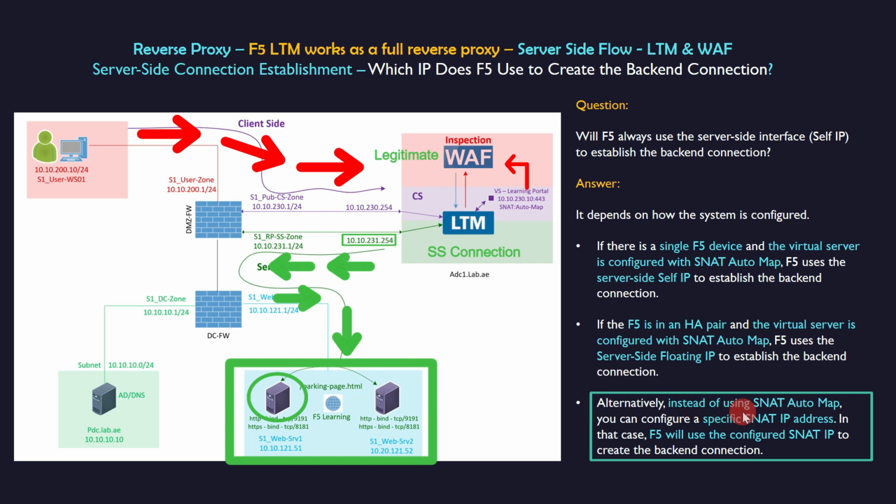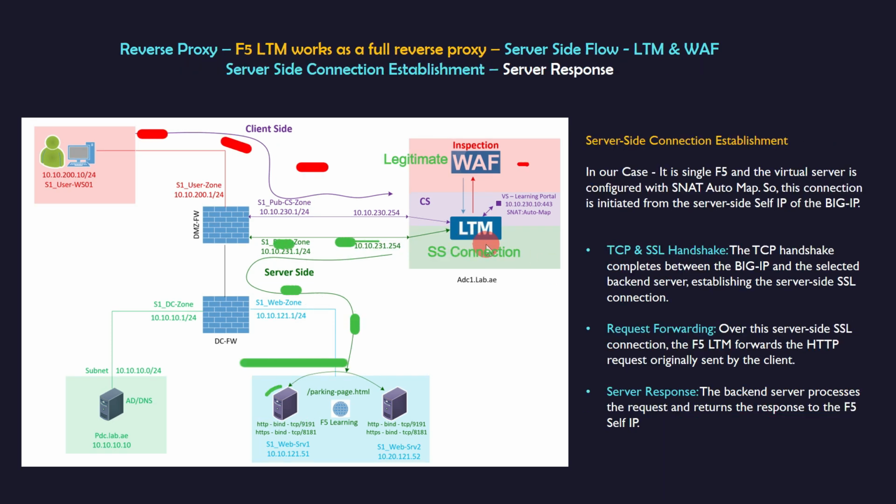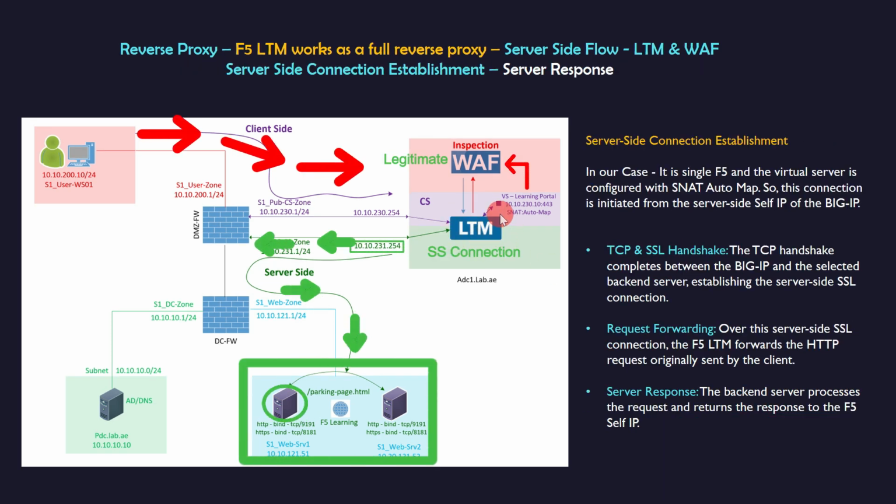Alternatively, instead of using SNAT auto map in the virtual server configuration, you can configure a specific SNAT address. In that case, F5 will use the configured SNAT IP to create the backend connection. In our case, it is a single F5 and the virtual server is configured with SNAT auto map. So, this connection is initiated from the server-side VLAN self IP.